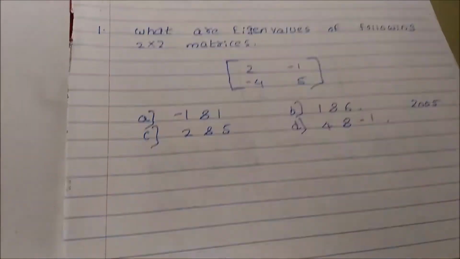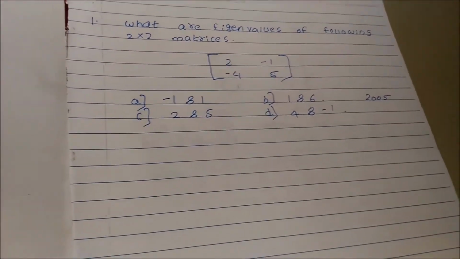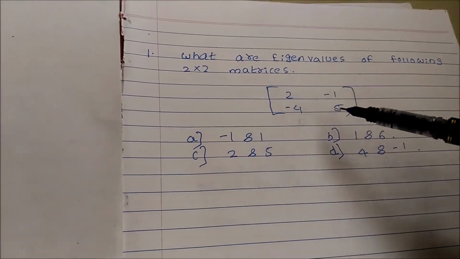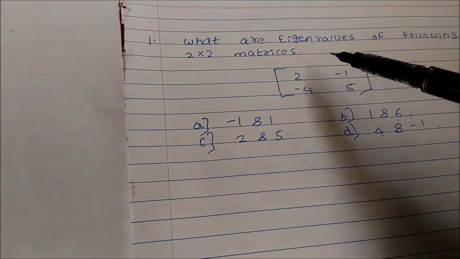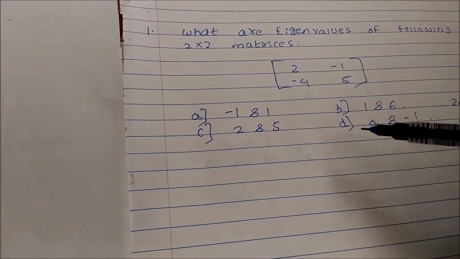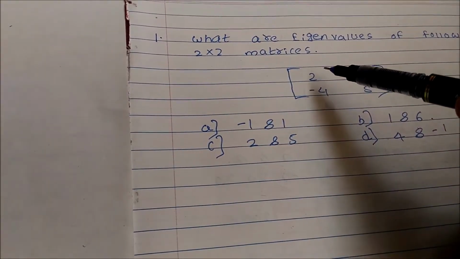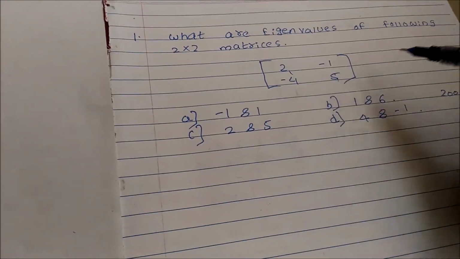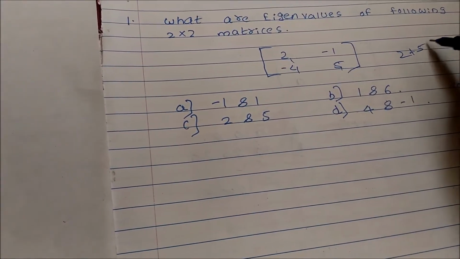Let's start with our first example. This question was asked in the 2005 GATE examination. In this question we need to find the eigenvalues. By using the property of sum of diagonal, 2 plus 5 equals 7.